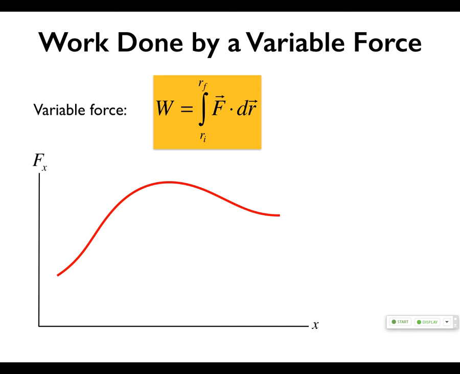What does this look like? If we want to see the work done from here to here, what do we do? Area under the curve, right? If this is your initial position and this is your final position, you just figure out this area. So the work in this case is represented as an area under the curve.